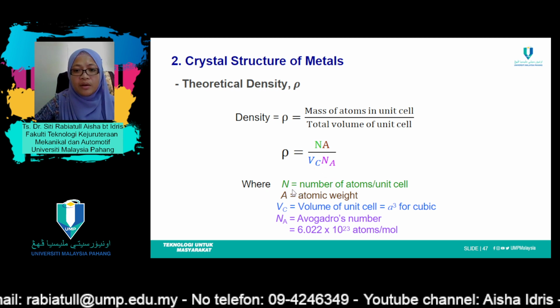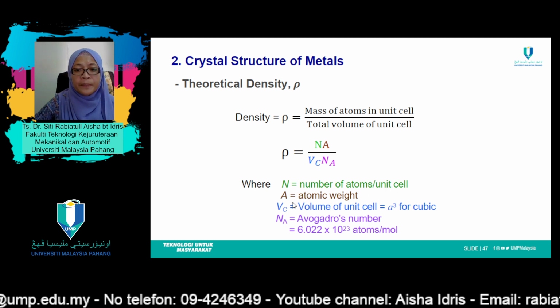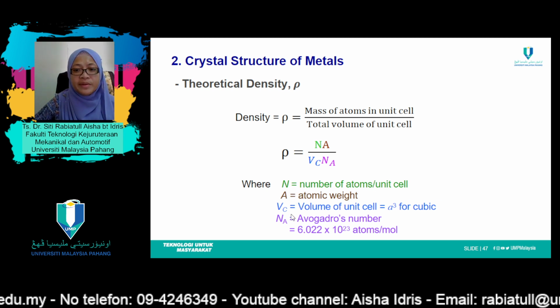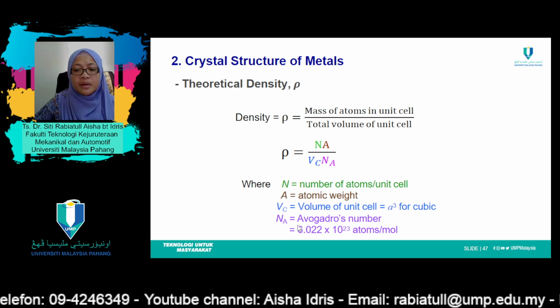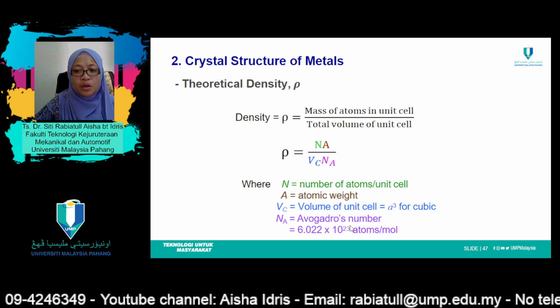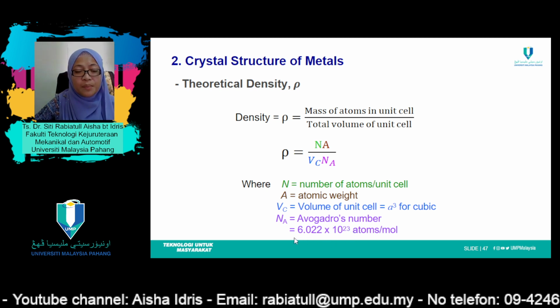Each of them represents: n is the number of atoms per unit cell, A is the atomic weight, VC is the volume of the unit cell, and NA stands for Avogadro's number, which is a specific number.